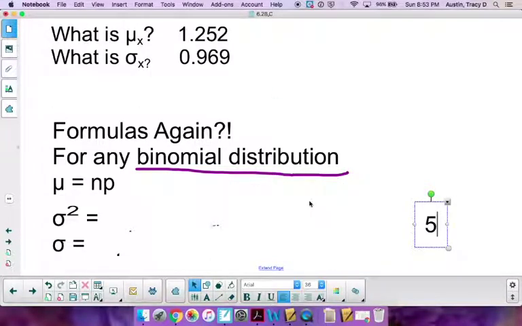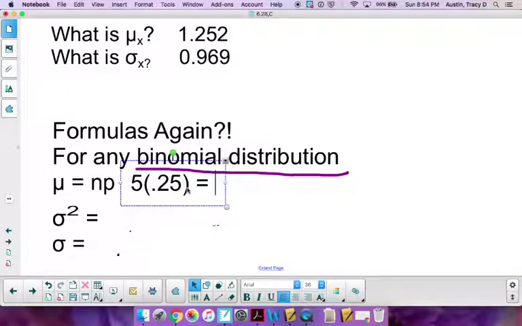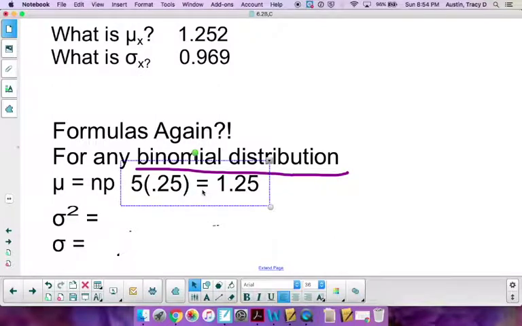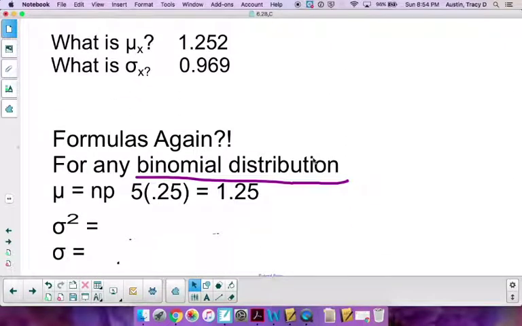But if 5 is our number of trials and our probability is 0.25, then lo and behold, 5 times 0.25 is equal to 1.25. So you're not going to get counted against in an open response question if this is how you show finding the mean of a binomial instead of going through the whole table and running one variable stats on it. Okay, it actually does count.